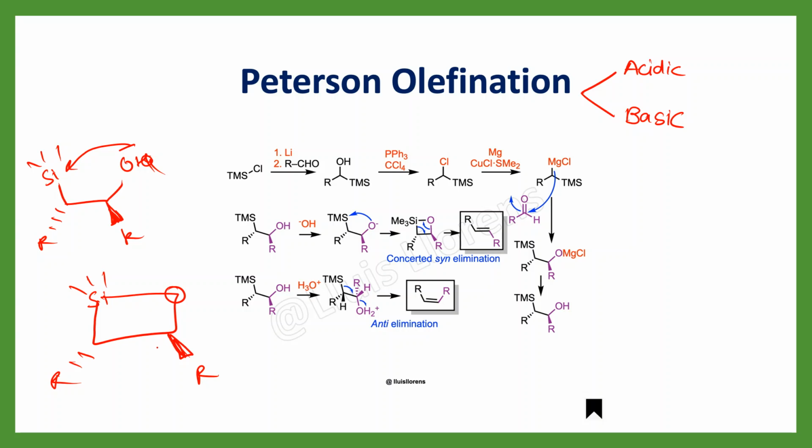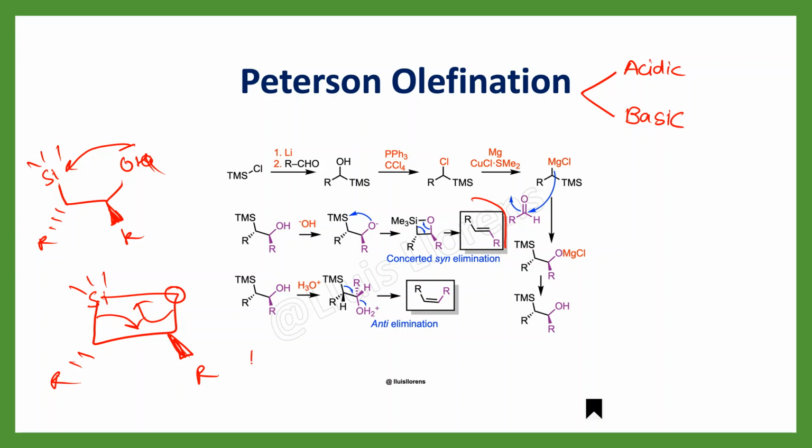Understood till here? And at last, your olefin will form like this. Silicon-oxygen bond will form, and you will get your olefin. Understood, students? But in acidic medium, first OH will get protonated and it will leave.